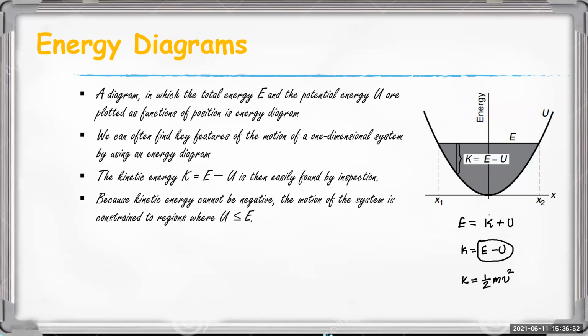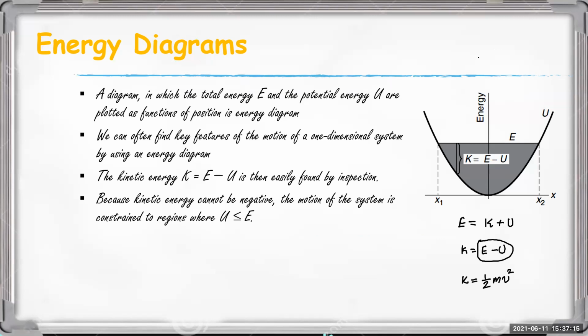In this one-dimensional graph, it is a graph for the one-dimensional system. It actually represents the potential energy curve for a harmonic oscillator.